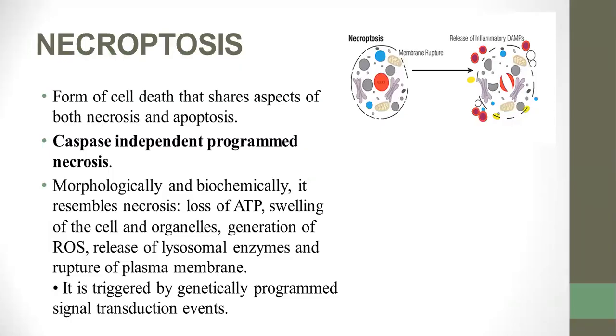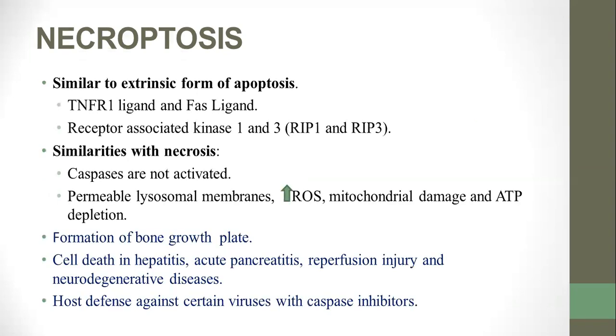Necroptosis is a form of cell death that shares aspects of both necrosis and apoptosis. It is a caspase-independent programmed necrosis. Morphologically and biochemically, it resembles necrosis, and it is triggered by genetically programmed signal transduction events.